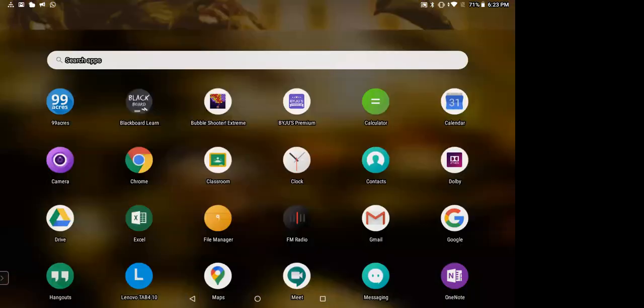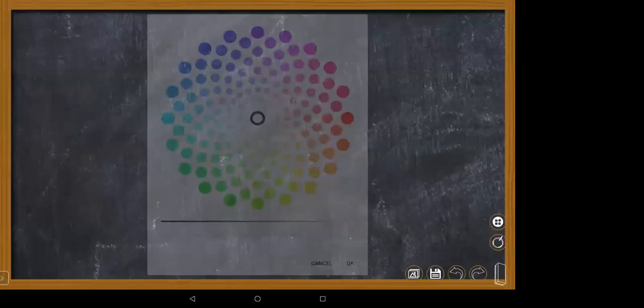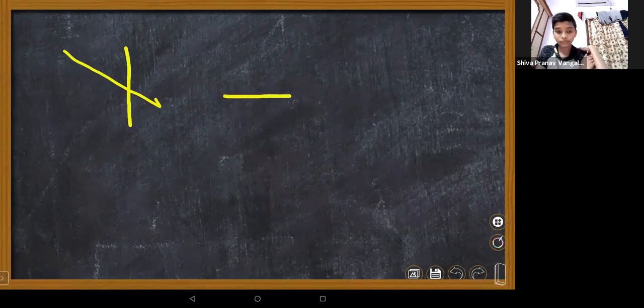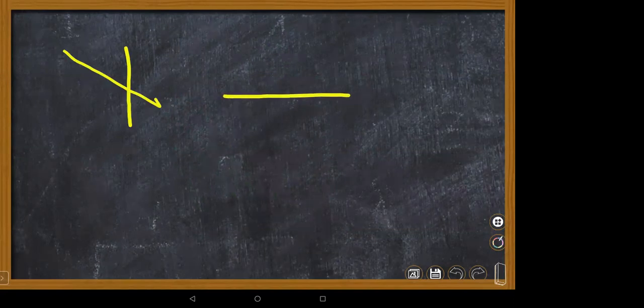Now you see, Nana. Suppose these are intersecting lines. Of course, these are perpendicular lines.